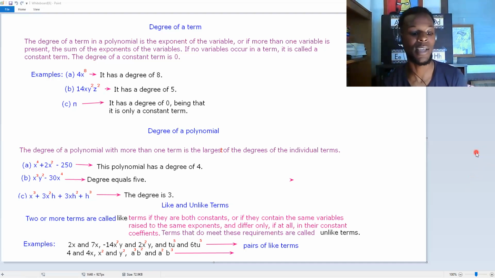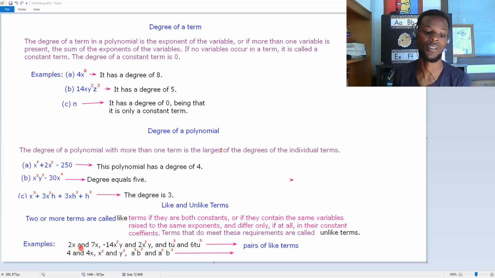Now, let's look at some examples of like terms. Looking here on the first line, we have 2x and 7x. They both are constants and they contain the same variables. 2 is a constant, 7 is a constant, and x is the common variable here. Now looking at the next pair, we have negative 14x squared y and 2x squared y.